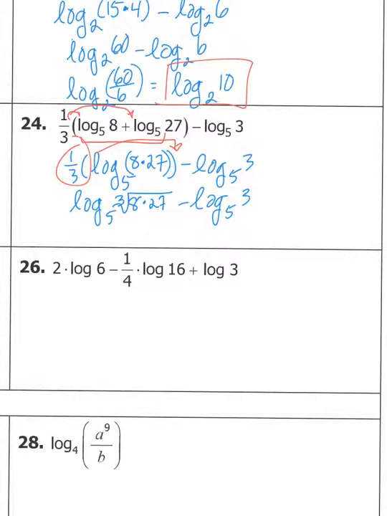So 2 times 3 is 6. So the cube root of 8 times 27 must be 6. So all of this converts to a 6. Then to compress this, all I have to do is divide the 6 and the 3. So I get log base 5 of 6 divided by 3, which is log base 5 of 2.